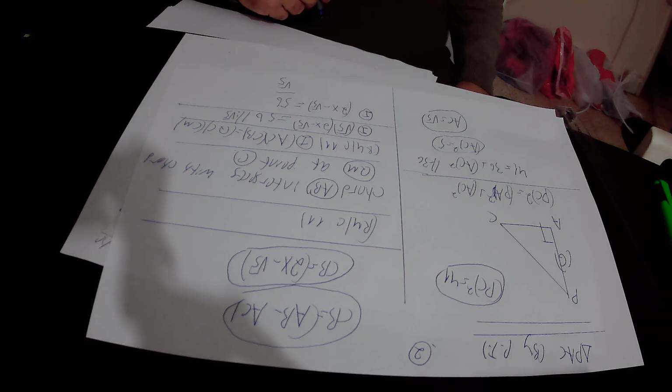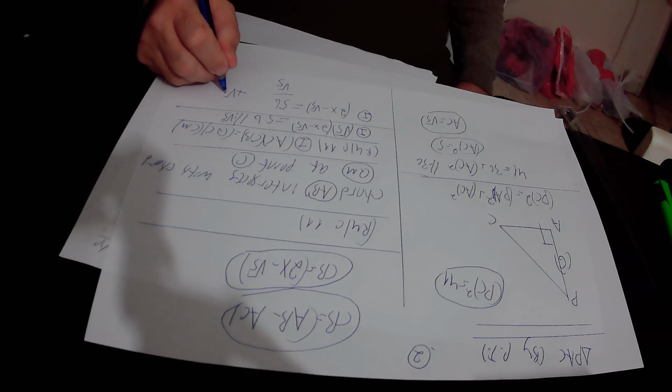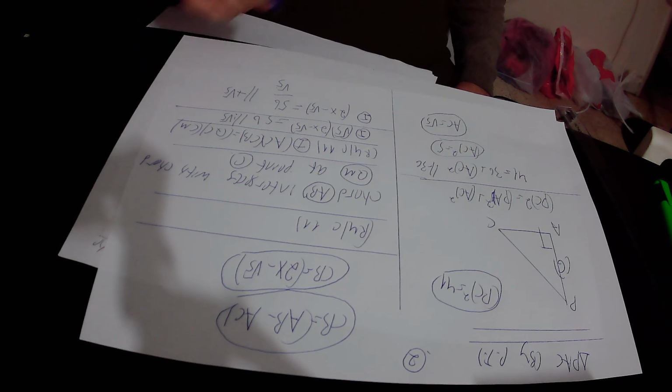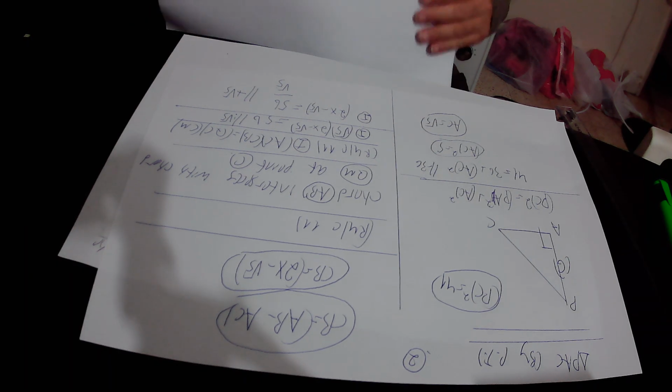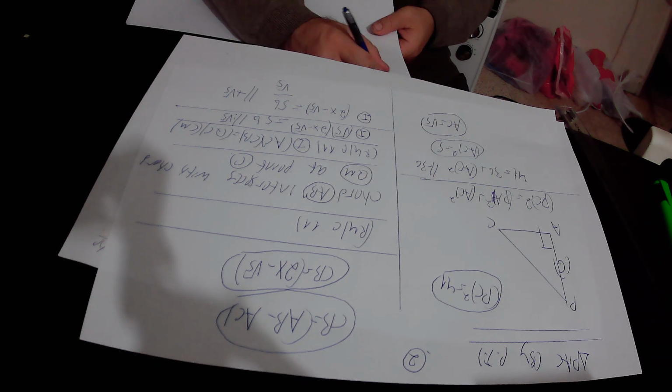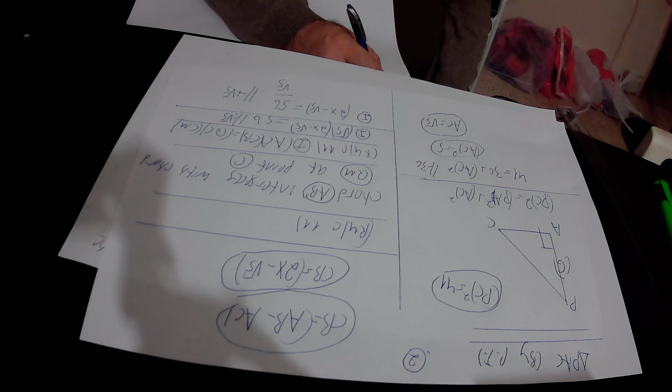Here we will add to this equation number 1 square root of 5. And we get that 2x equals 5b over square root of 5 plus square root of 5.